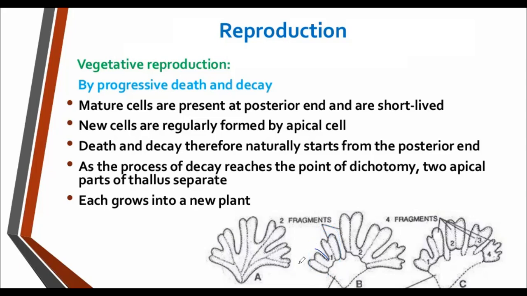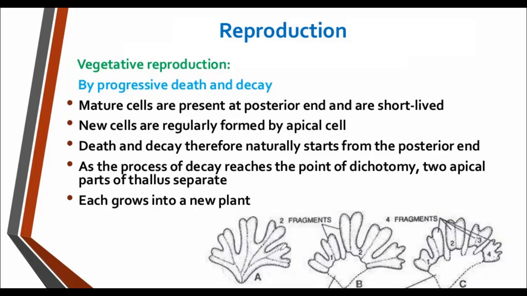However many lobes there are, that many branches get separated and new plants are developed. This is how the older part dies and the newer part develops into a new thallus. So this is how vegetative reproduction occurs in the first method.